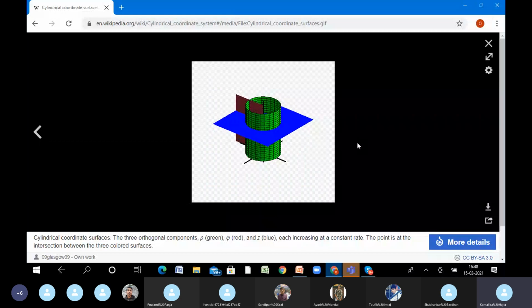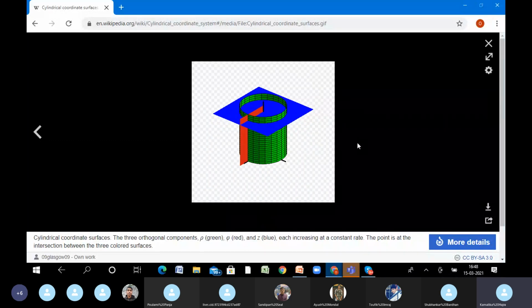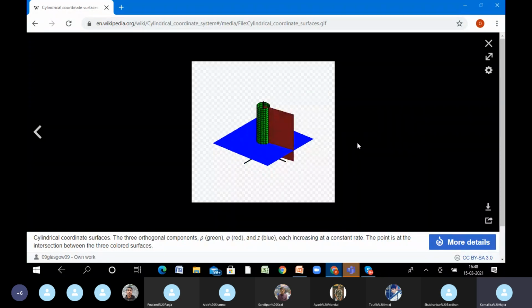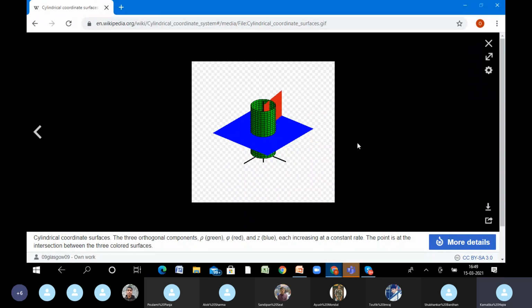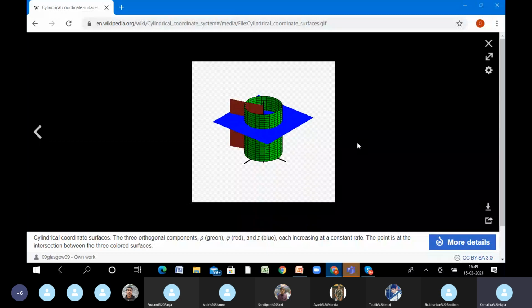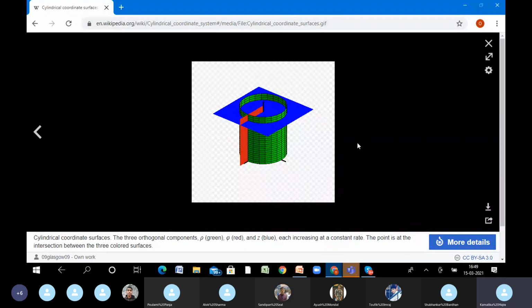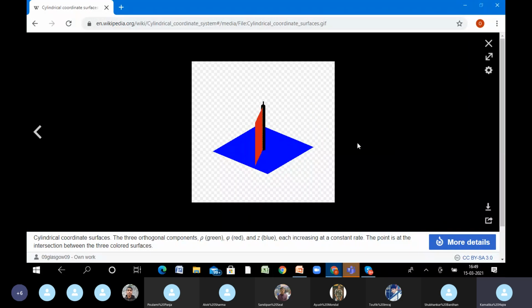So the plane that rotates about the z-axis when z and rho have been specified but phi has not been given. The cylindrical surface, which you know is a cylinder of a certain height, and of course the angle phi is not specified. Rho starts from 0 and goes up to infinity.